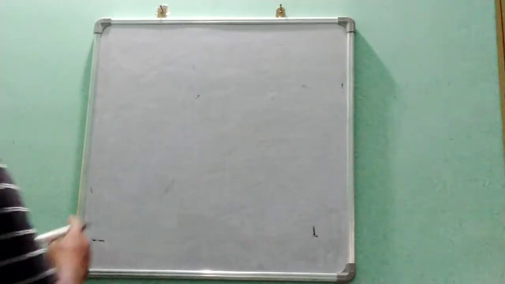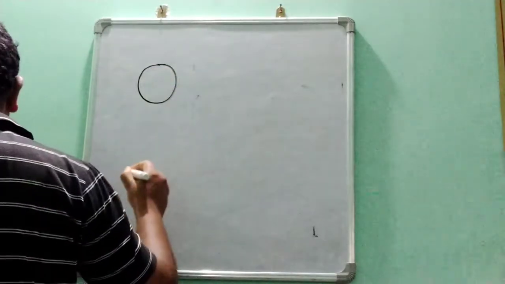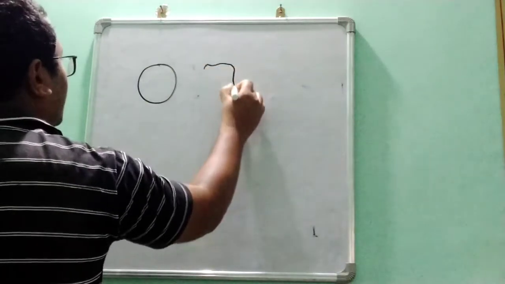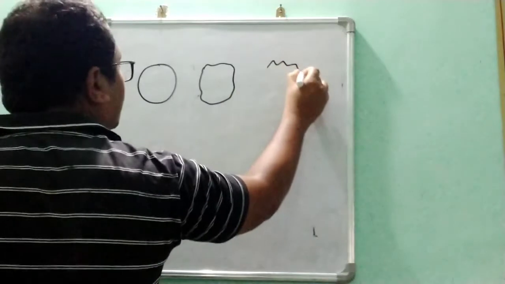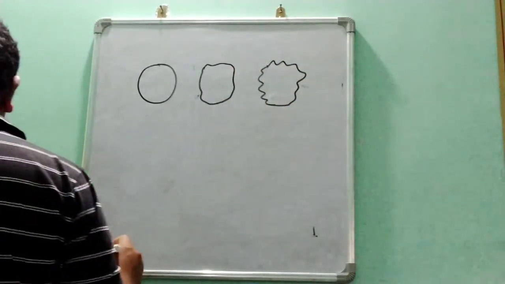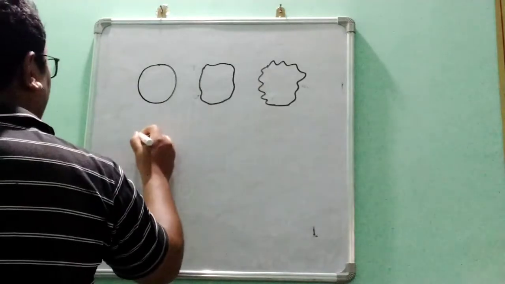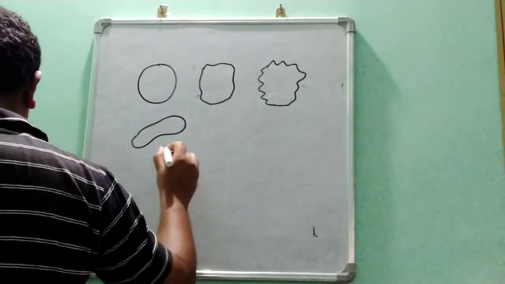If we look at the different shapes, first there is a sphere, and we will slowly see the irregularities of the particle. Then there is a rounded shape.